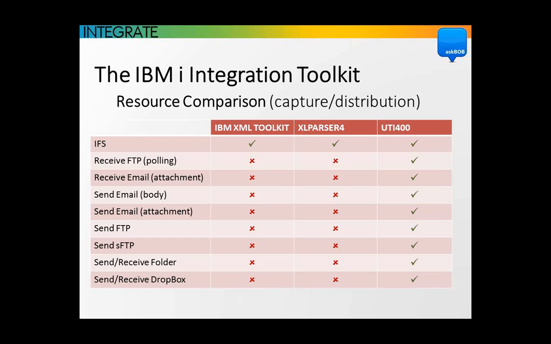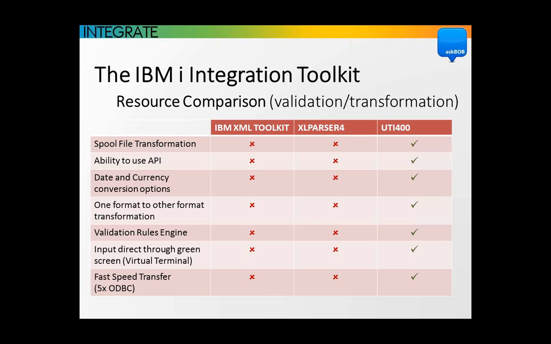In addition to automating the distribution of data, the solution can also be proactive in the capture of data through monitoring FTP sites, network addresses, and of course your email service too. Then of course there's the big three: validation, validation, validation.